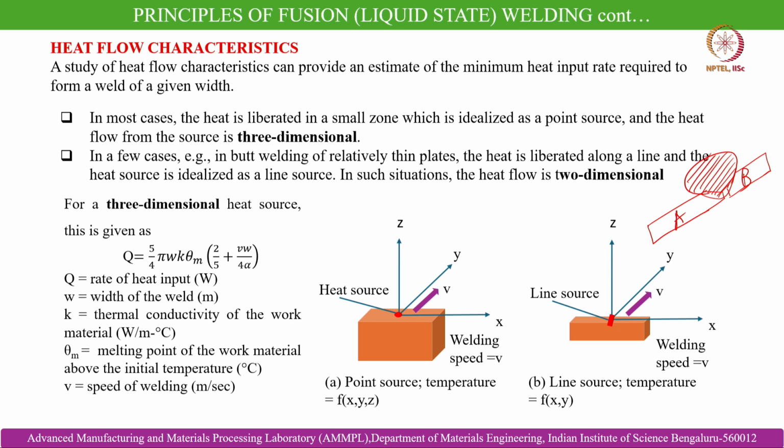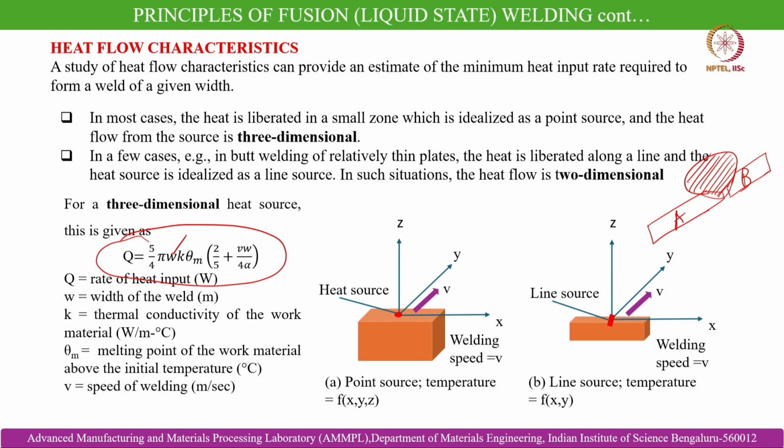In case of a three-dimensional heat source, that means in case of thick plates, we can consider the heat source as a point source. Then the rate of heat input Q can be given by this expression: Q is equal to 5 by 4 pi w k theta m into 2 by 5 plus nu w by 4 alpha. What are the individual notations? Q is the rate of heat input in watt, and small w is the width of the weld in meter.